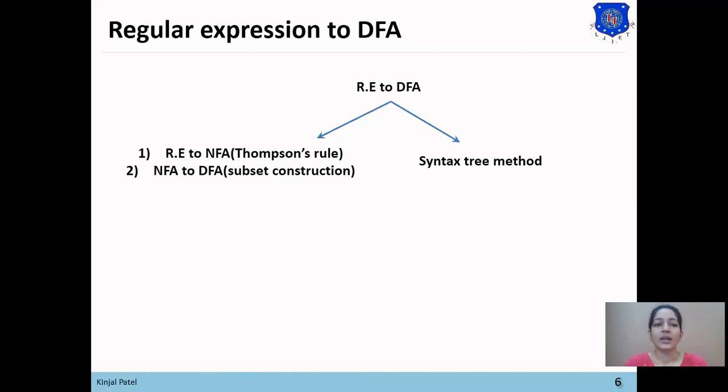Then we'll convert that NFA to DFA using subset construction method. And the second method is the syntax tree method. So these are the two methods to convert regular expression into DFA. In this lecture, we will learn how we can convert regular expression into NFA using Thompson's method.